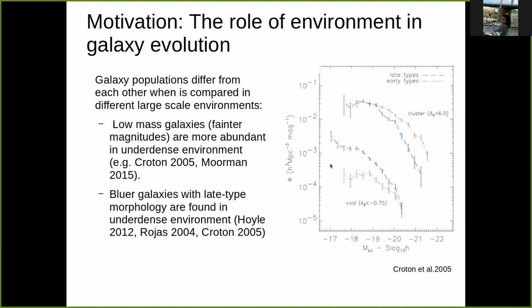You can see that the luminosity functions are different. It has been found that low mass galaxies, bluer galaxies, and galaxies with late-type morphology are more common in underdense regions than in denser environments.